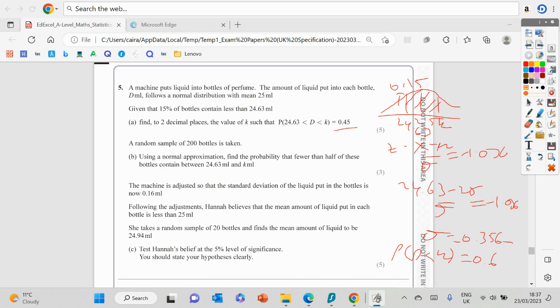When we add on the 0.15, that's going to give you 0.6. So we can do some more coding, and we can then look for 0.6. And funnily enough, when you do that, you get 0.253. So we can do the same coding, and then we can set up our little equation, and we can find what k is. That's the plan of attack with most of these.